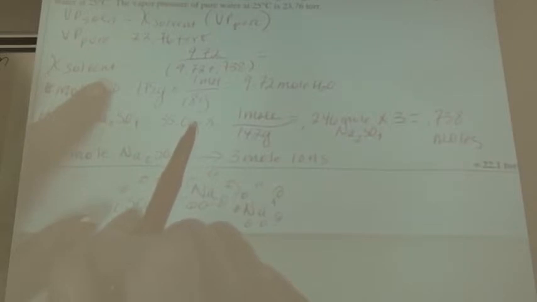So the mole fraction of the solvent is 9.72 over the quantity 9.72 plus 0.738, which is equal to 0.929. Is that what y'all got? Okay.